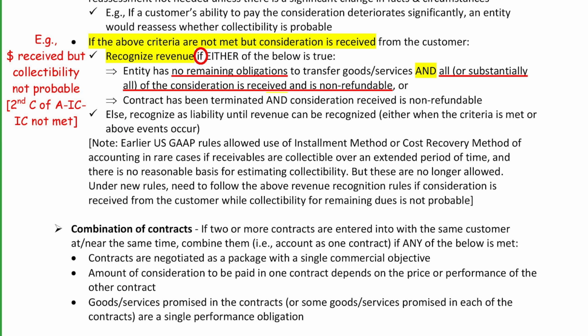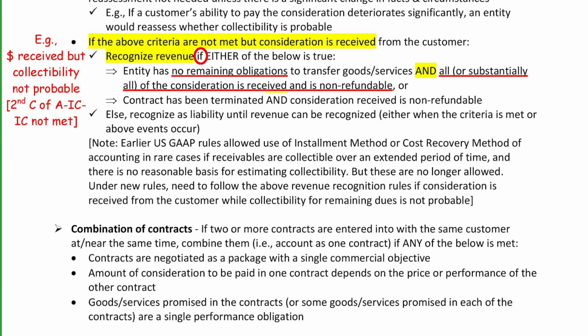So if this is true, that means the entity has no remaining obligations to transfer any more goods or services and has received all or nearly all of the consideration, which is of course non-refundable, then you recognize revenue, even if the AIC-IC criteria is not met.